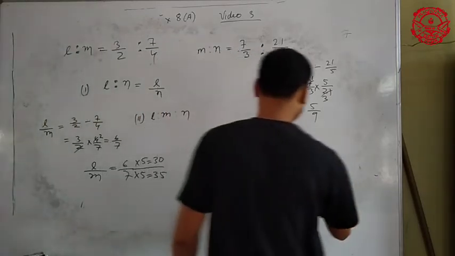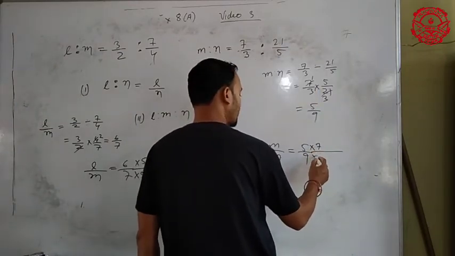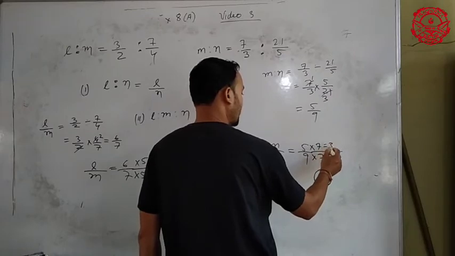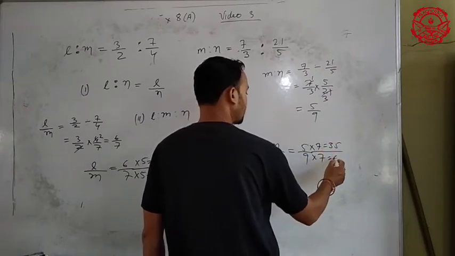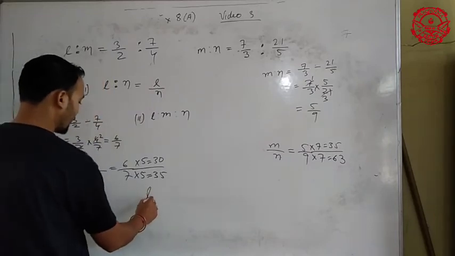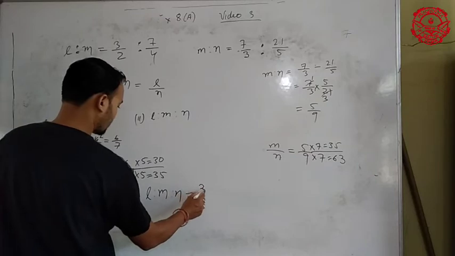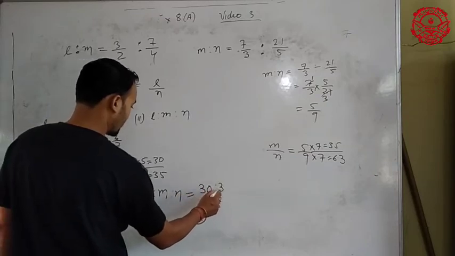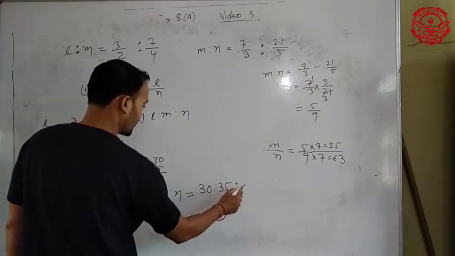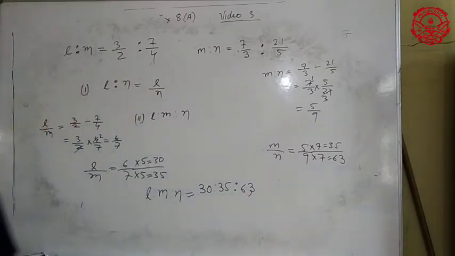To make 35 in the other ratio we multiply by 7, so 5 times 7 is 35 and 9 times 7 is 63. The new ratio L is to M is to N is 30 is to 35 is to 63.